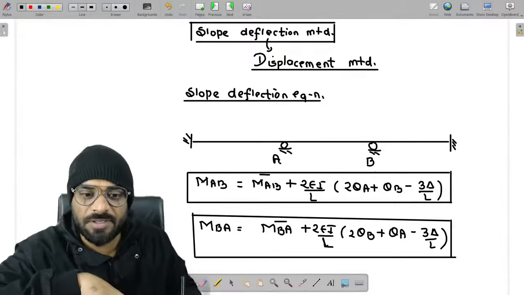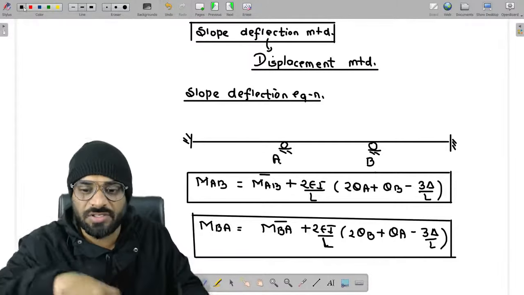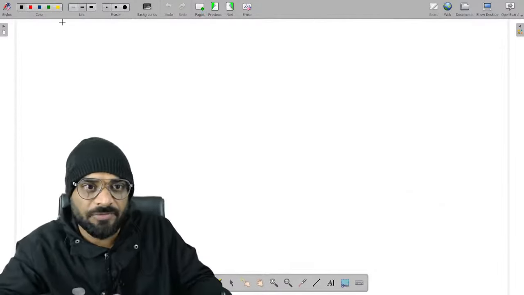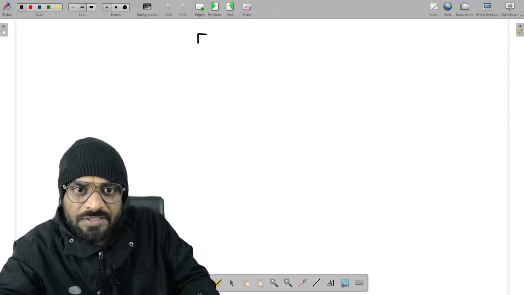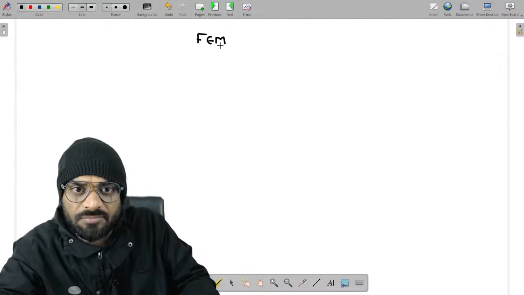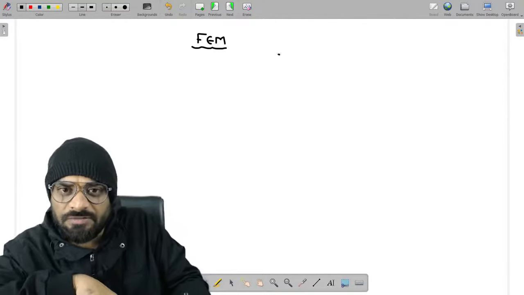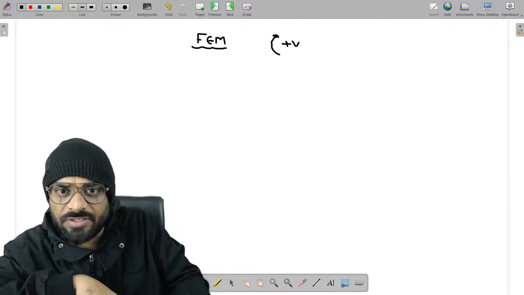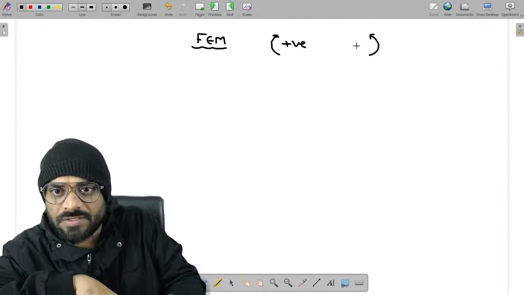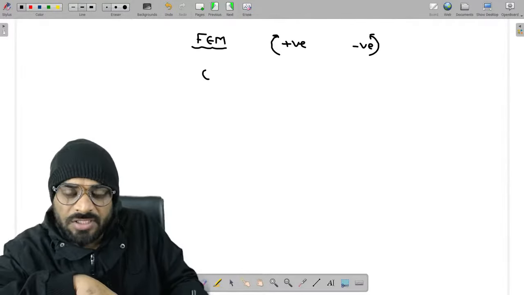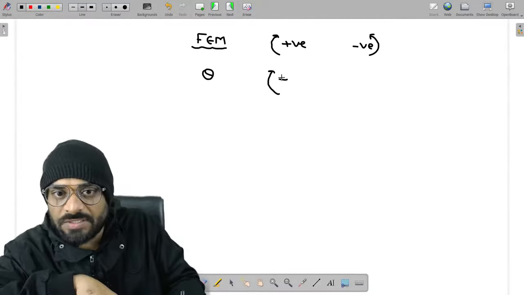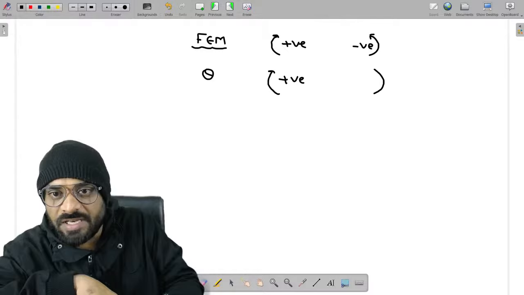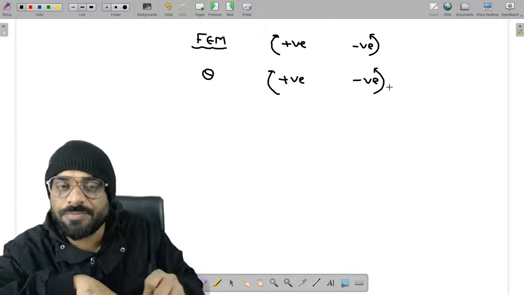Now please remember some of the sign conventions here, guys. If the fixed end moment is clockwise, then it is positive. If it is anti-clockwise, then it is negative. Theta, that means rotation: if the rotation is clockwise, again it is positive; if anti-clockwise, then it is negative.